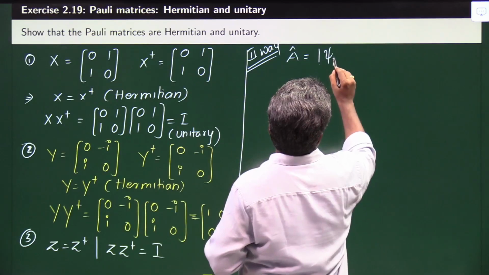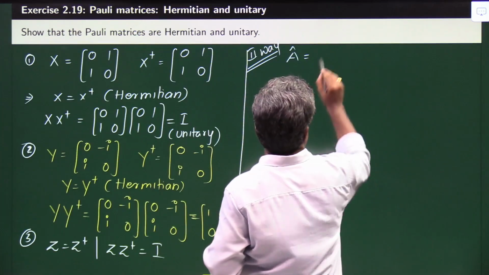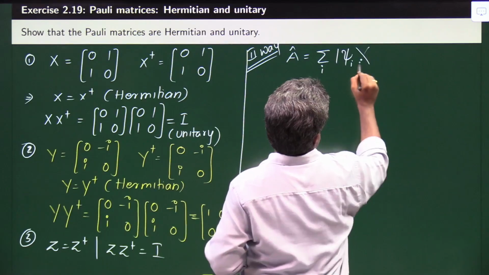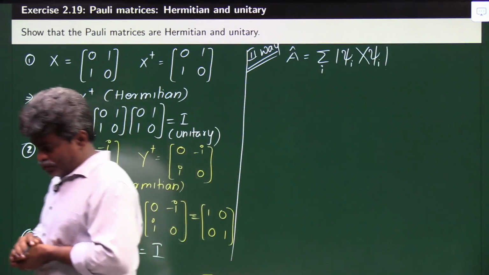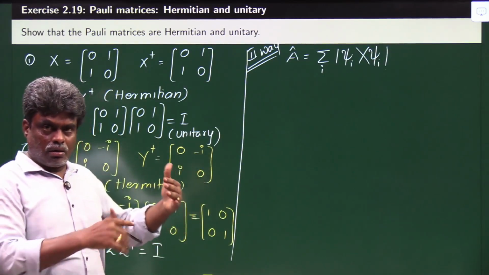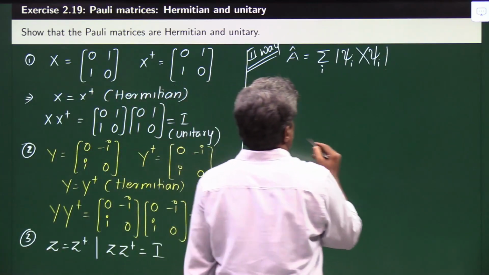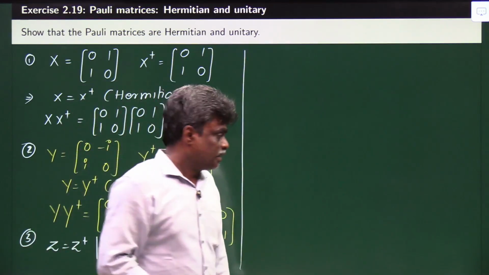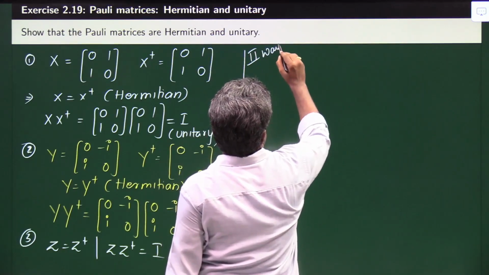This is a linear combination, a summation over i of psi initial and psi final. You have to take the input and output. So here I'm using this second method also.